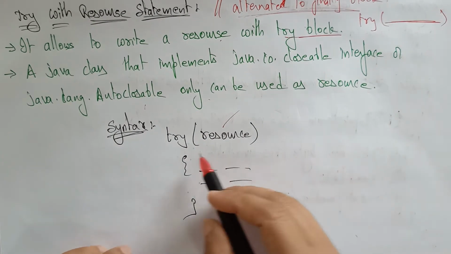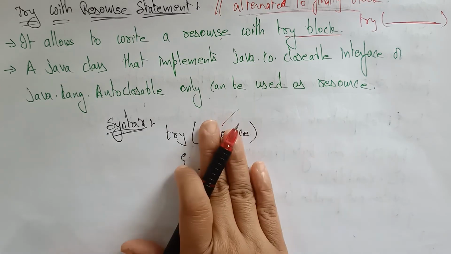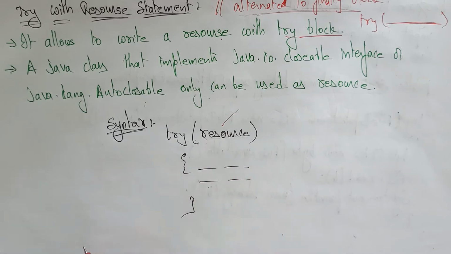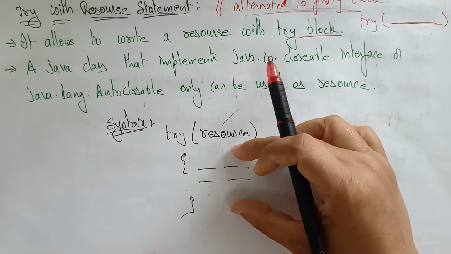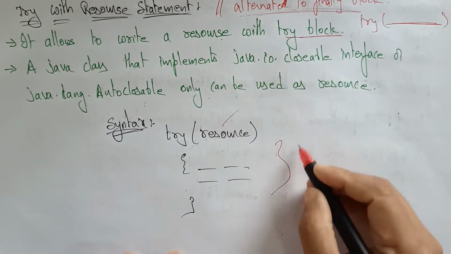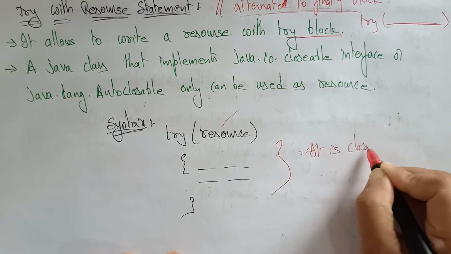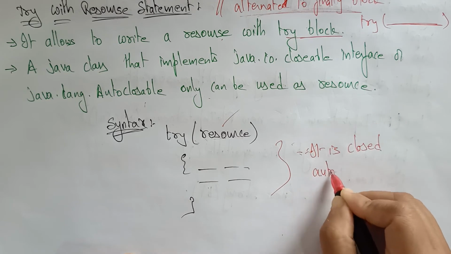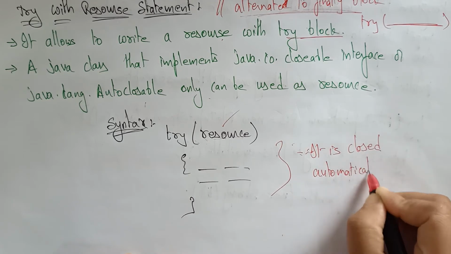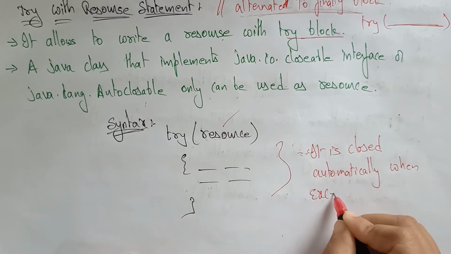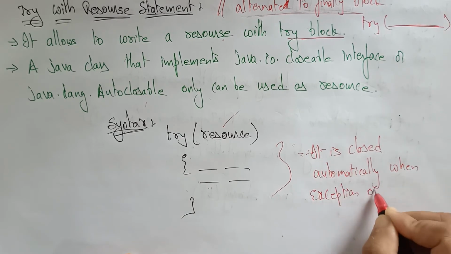See here, this is the syntax of try with resource. So far we didn't mention arguments here, but here you can write the resource. To reduce the code, you can write the resource within the try block. This resource is closed automatically when an exception occurs in the program.